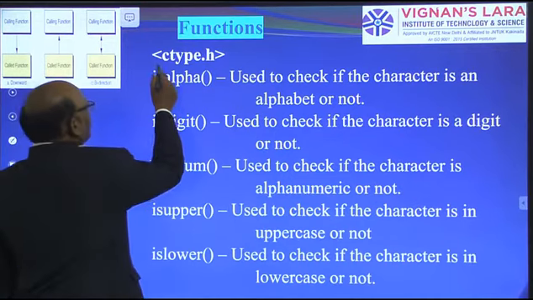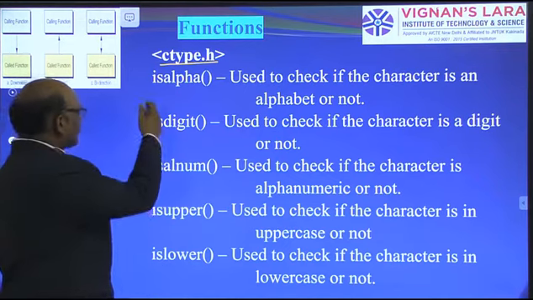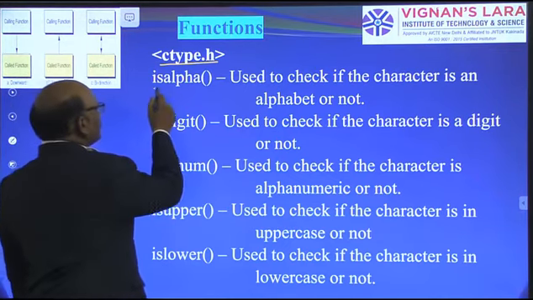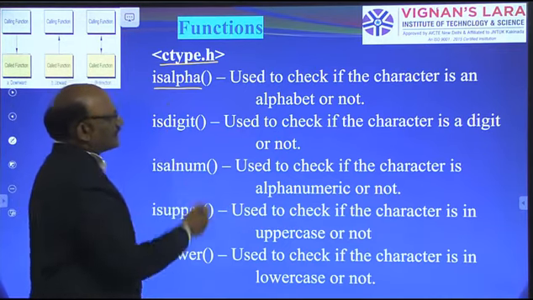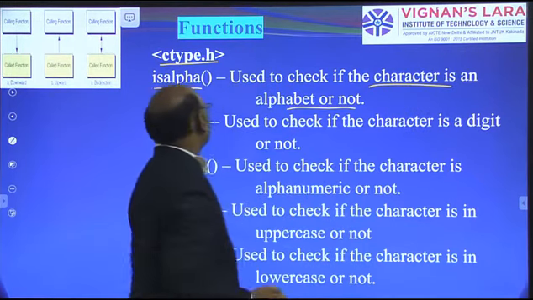Next, another header file, ctype.h. It consists of the following library functions. isalpha is used to check if the character is an alphabet or not.